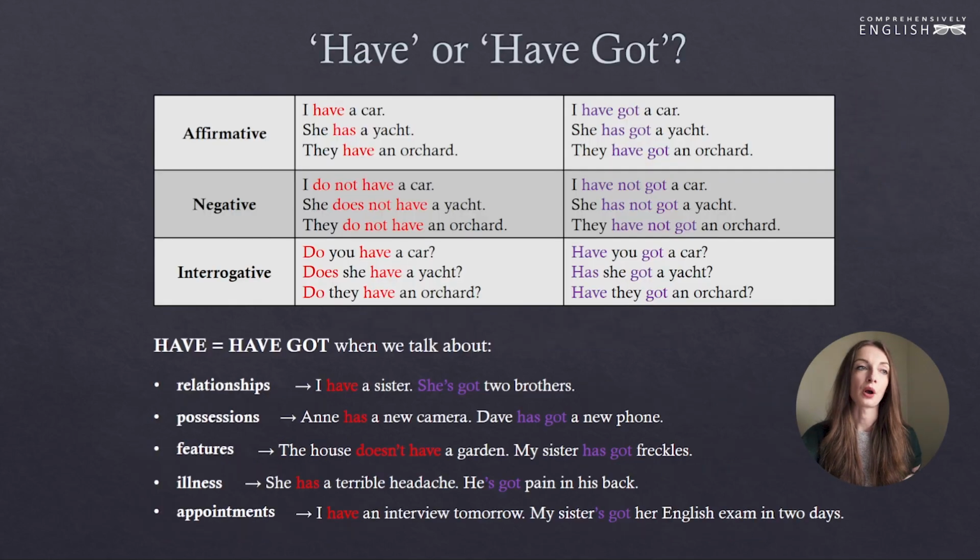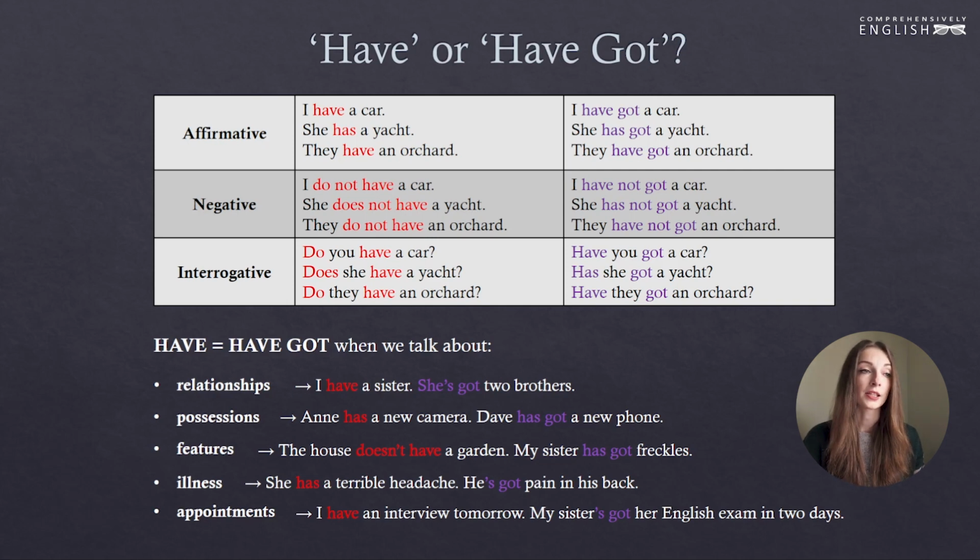Have equals have got when we talk about relationships. For example, you can say I have a sister or she's got two brothers. They are equal when we speak about possessions. Anne has a new camera or Dave has got a new phone. You can use them interchangeably when you speak about features of something or somebody.